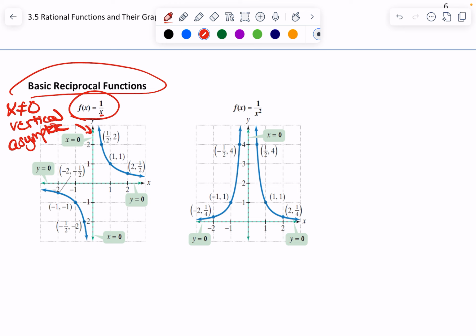If we look at the degree of the numerator and the degree of the denominator, the degree of the numerator is 0 and the degree of the denominator is 1. So we know that n is less than m, which means that y equals 0 is the horizontal asymptote, which it is right here.